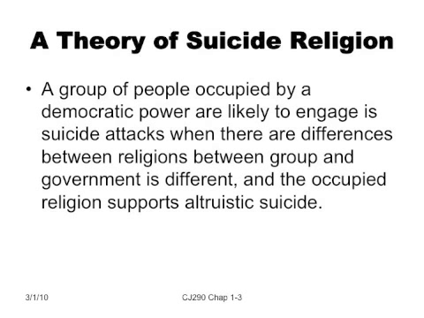If you've got a group of people occupied by a democratic power, where all the groups have a say, all the groups kind of vote, you're more likely to get suicide attackers or a religious suicide type group when there are differences between the religions of the group and the religion of the government, or what's supported by the majority of the people.